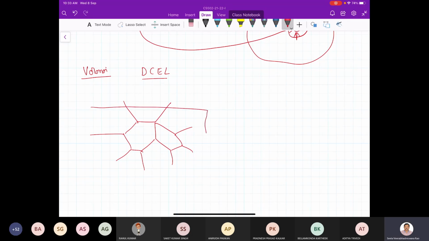What you do is bound this Voronoi diagram in a rectangular box, and we include the corners of the rectangle also. And we compute the Voronoi diagram within the rectangular box. So these edges are also part of the computed Voronoi diagram.